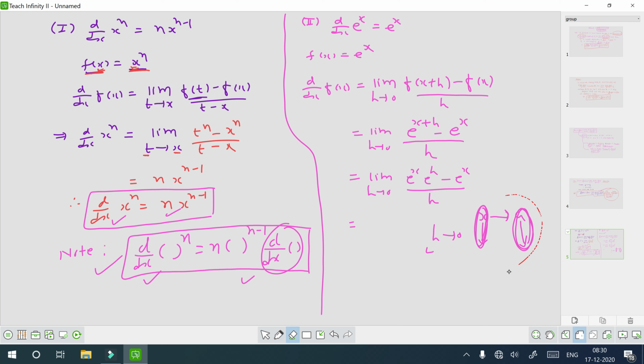So in our case, what is variable? h is variable. So here we can take e raised to x common. Limit h tends to 0, e raised to h minus 1 over h. And we know that standard form, that is equal to 1. So that is equal to e raised to x. Clear? Next one, third.